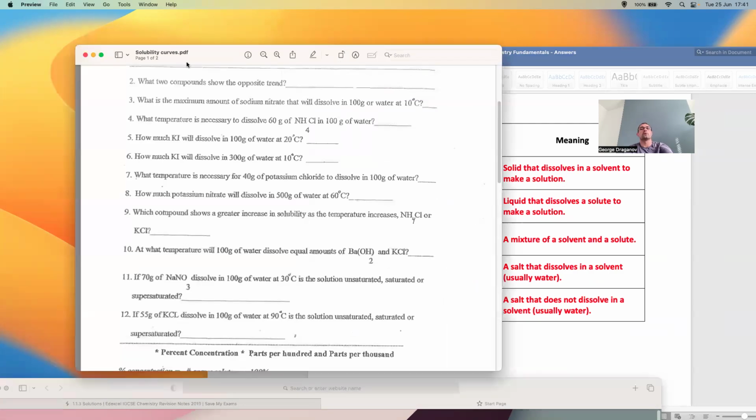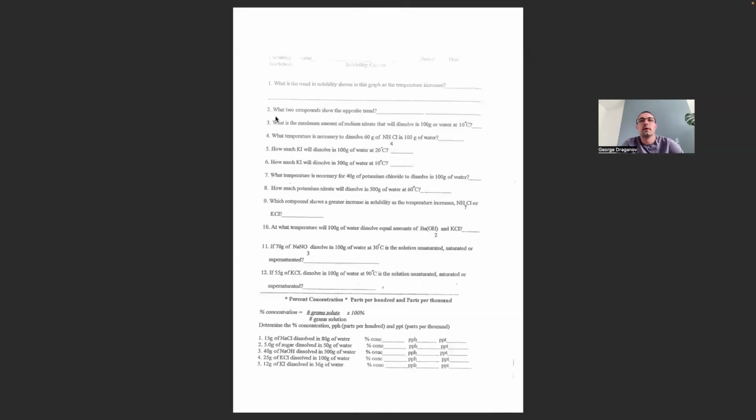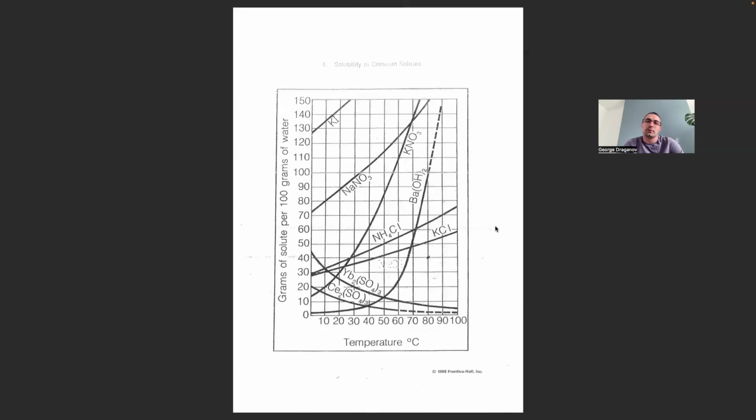These are the solubility curves plotted, so you see grams of solid per 100 grams of water. In 100 grams of water, for example, if we look at sodium nitrate, we can see that at 0 degrees, about 72 grams can dissolve. Whereas potassium iodide is more soluble because at 0 degrees, 128 grams can dissolve.